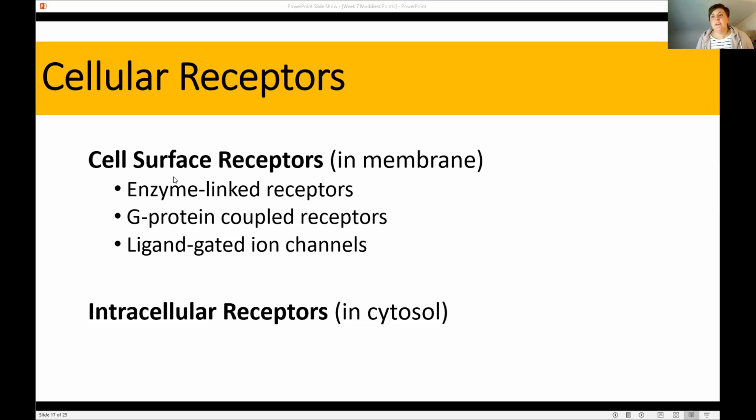And so these are going to include enzyme linked receptors, G protein coupled receptors, ligand gated ion channels. And there's some other ones that are a little bit more rare, but those are your three primary types. And then you have intracellular receptors, which are pretty much one type. So let's go through each of the cell surface receptors.